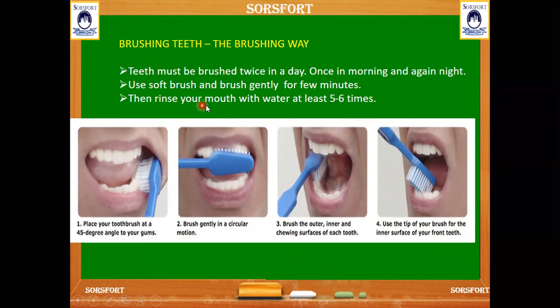Then we should rinse our mouth with water at least 5 to 6 times daily. After any meals, whether breakfast, snacks, lunch, dinner, or having milk, we should rinse our mouth with water, so that food does not get stuck in our teeth.